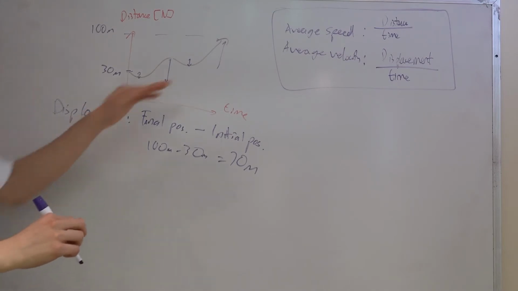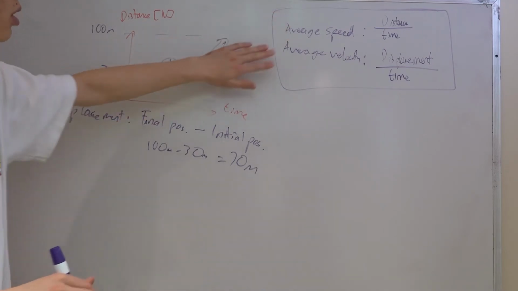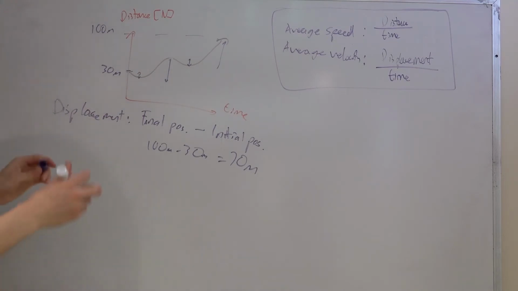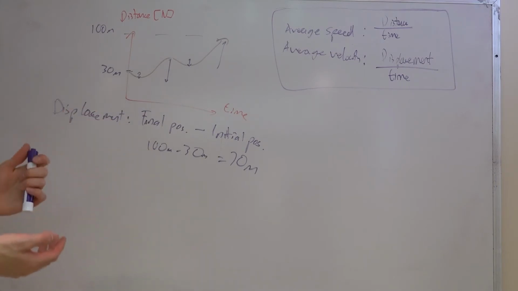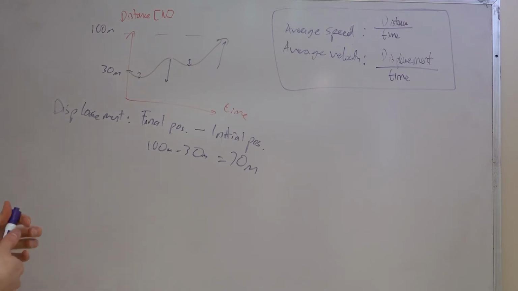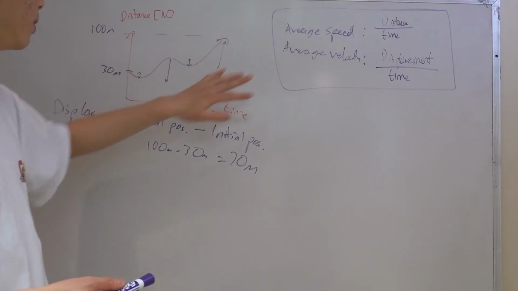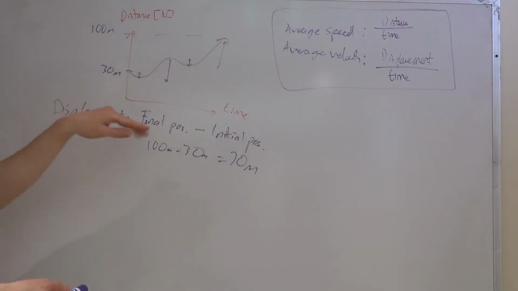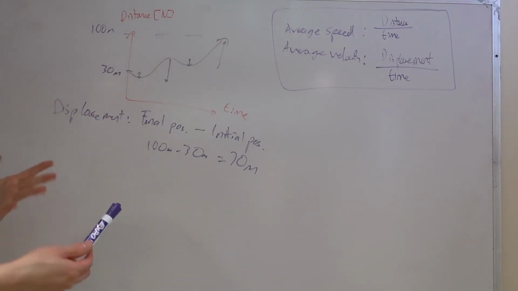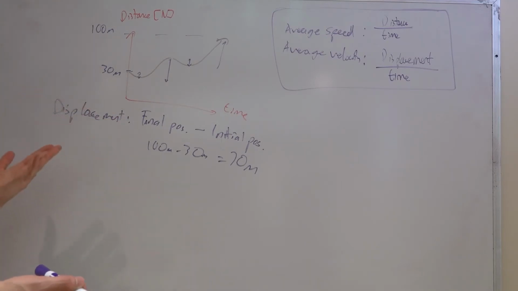Now, we're going to move away from average speed and more towards average velocity. We're more interested in direction, and this is a much nicer formula to work with because it plays into something that we know very well, which is the slope of a line. I just want you to understand what average speed is. This should be the level of understanding you have. If I gave you a graph, you should be able to calculate the distance over time to get your average speed.